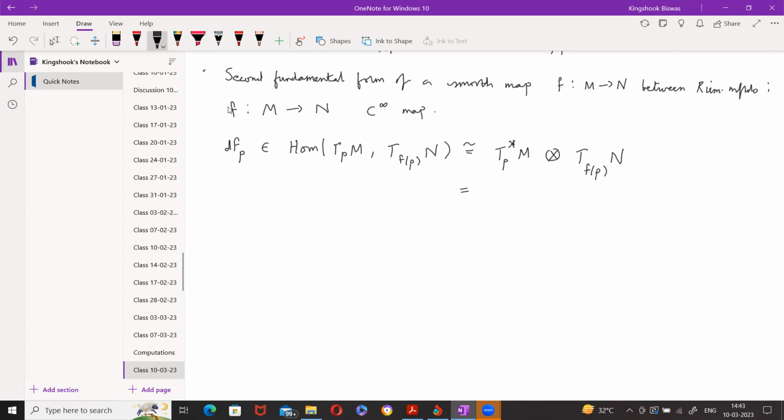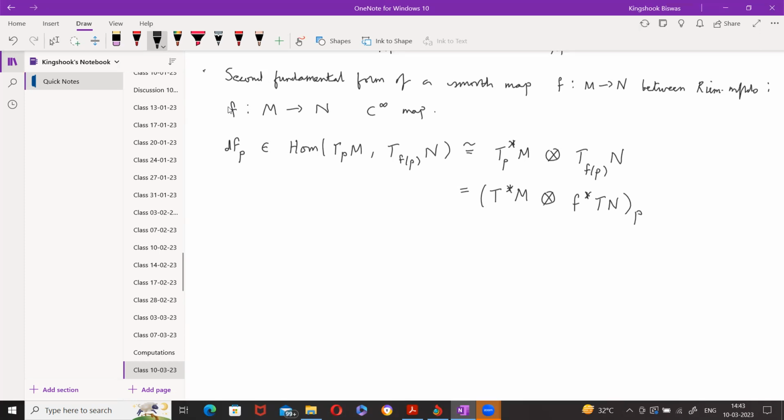So I can think of this as the fiber at P of the bundle T star M tensor the pullback bundle F star TN, right? Yes. Is this clear? Okay.